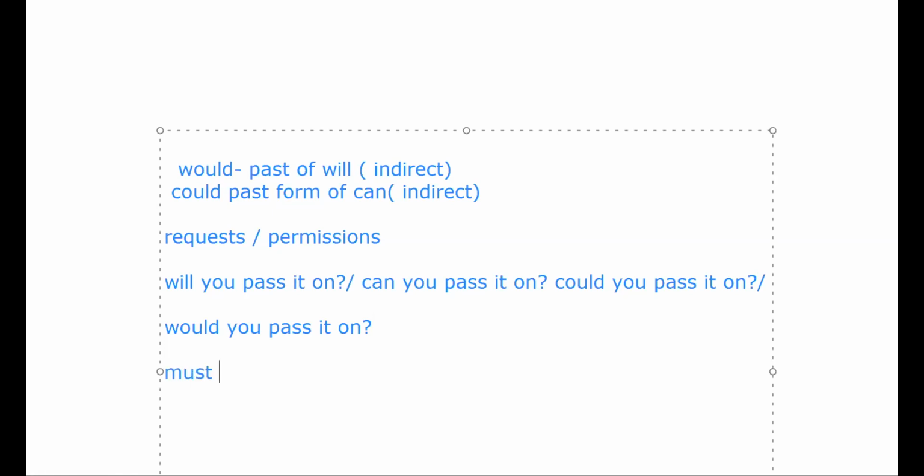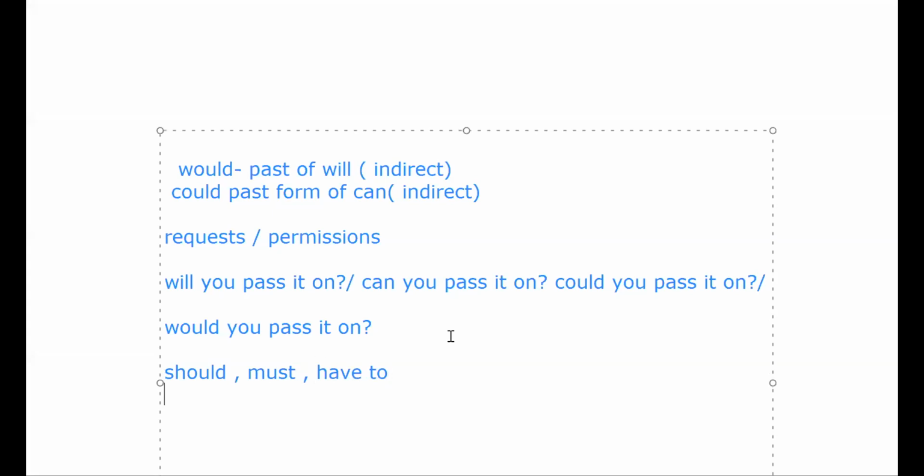must. Let me compare this to understand better. Should is another modal verb. Must is another one. And have to. Guys, pay attention. You should do it.